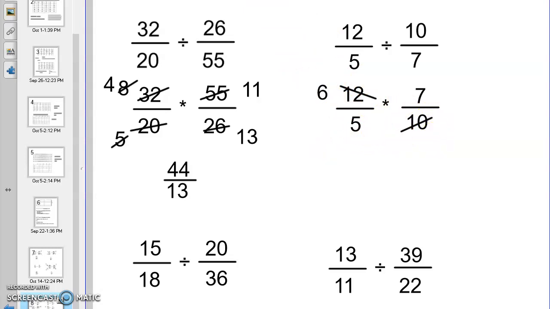I can make the 10 a 5 because 2 goes into 10 5 times. And when I multiply across, notice across you can't cancel. These 5s don't get canceled, they just multiply. So 6 times 7 is 42. And 5 times 5 is 25.